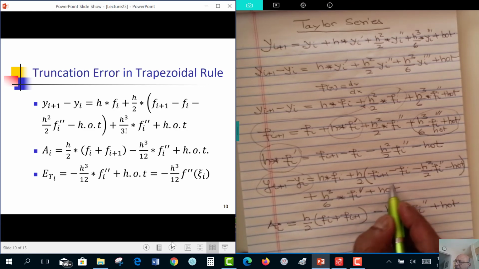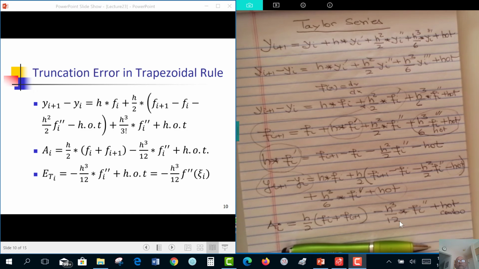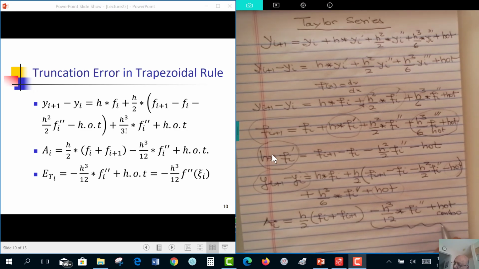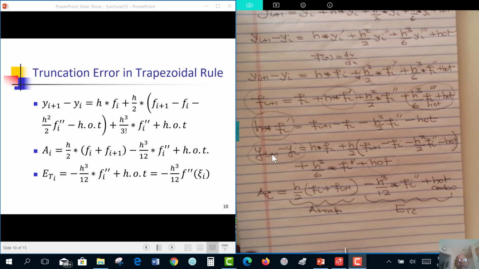So there'll be a combination of higher order terms. So this is what we call truncation error.